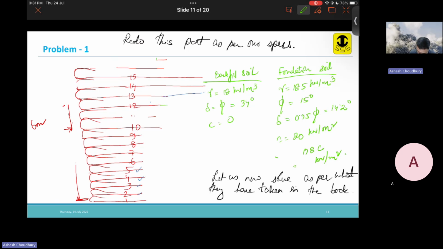Let me insert the diagram from the book. Just give me a second. I'll copy and insert the diagram from the book.